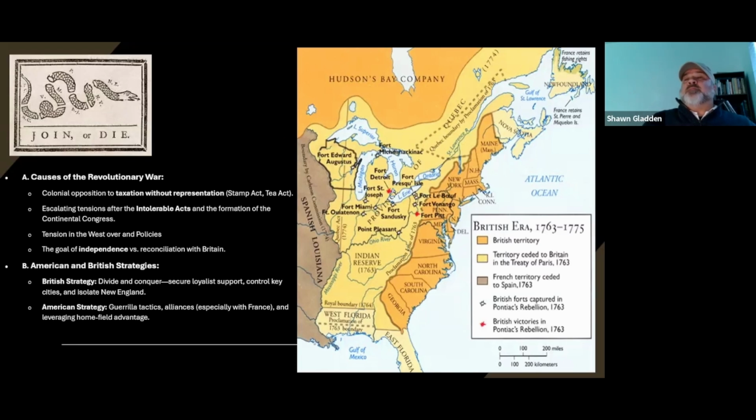After these escalating tensions, and remember, there had already been tension in the West over land policies, and there were tenant wars. So in all of the colonies there was tension everywhere, and I think that part is important to understand why the revolution really occurs.